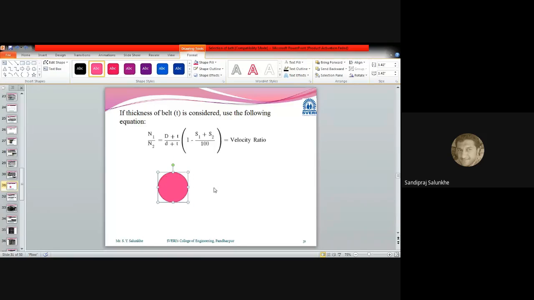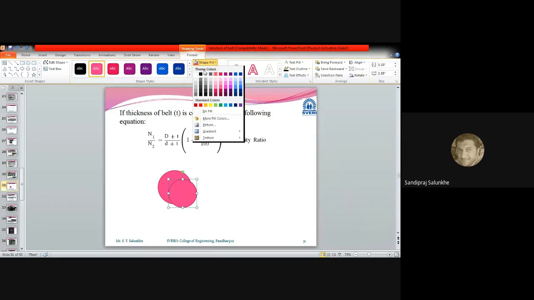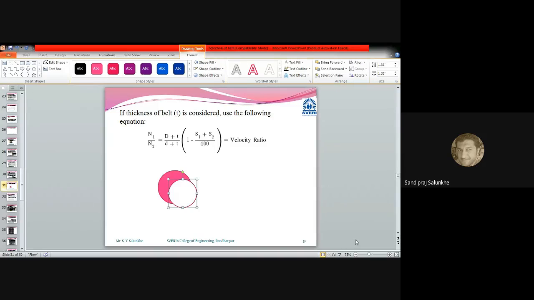Suppose this white one is indicating the pulley, and the remaining pink one is indicating the thickness of that belt.